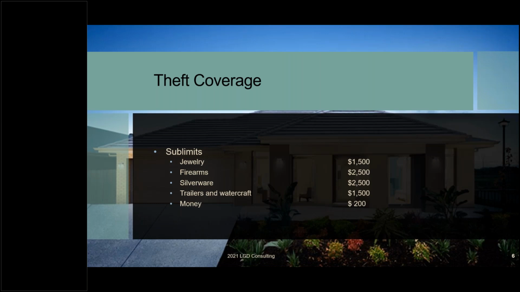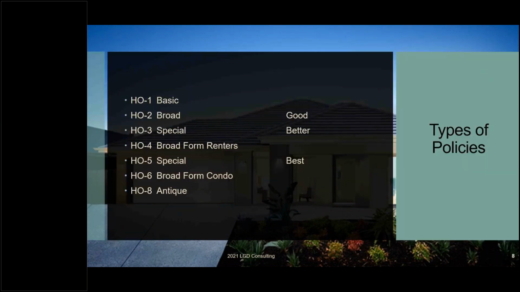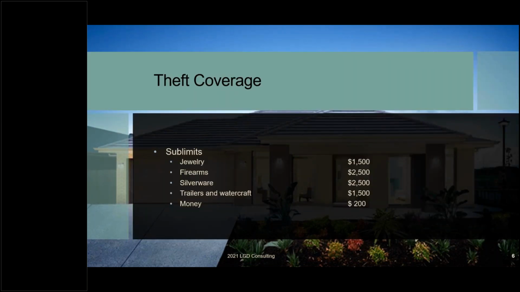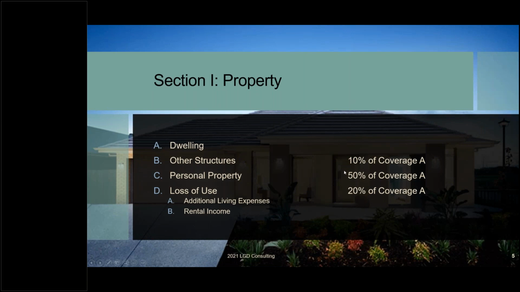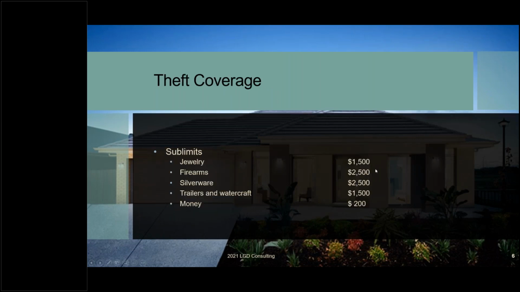So with our example, personal property is 50% of coverage A. If it costs $400,000 to rebuild this house, then I have 50% for personal property. It's $200,000 to cover my personal property. But if someone steals your jewelry, you only get $1,500. So even though we have $200,000 of personal property coverage, theft of jewelry has a sublimit of only $1,500.